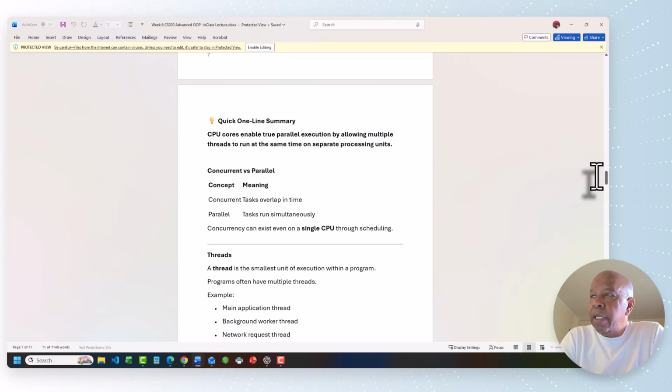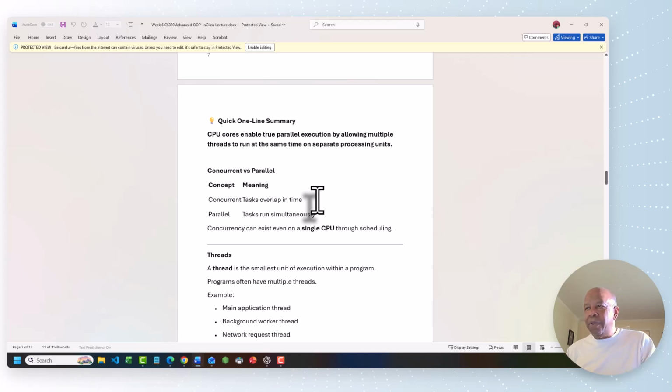Okay, looking at a summary: CPU cores enable true parallel processing, allowing multiple threads to run at the same time. Concurrent versus parallel. Concurrent means tasks overlapping in time. I'm running multiple tasks in the same time period, but not in parallel.